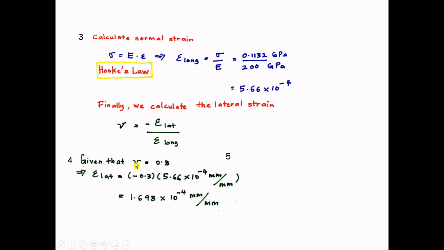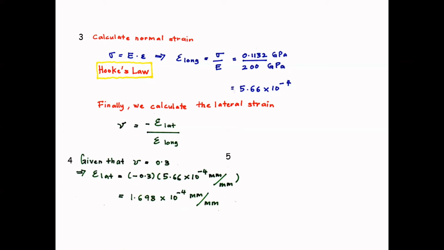Given that nu equals 0.3, we can calculate the lateral strain equals negative 0.3 times 5.66 times 10 to the power of negative 4, and this is the value that we get. The lateral strain equals 1.698 times 10 to the power of negative 4 millimeter per millimeter, meaning that the value is dimensionless.